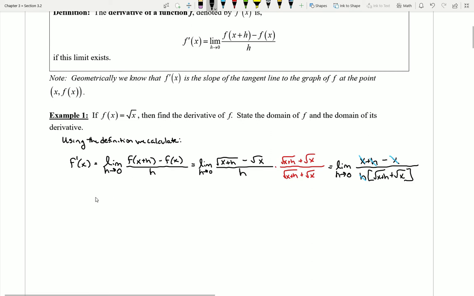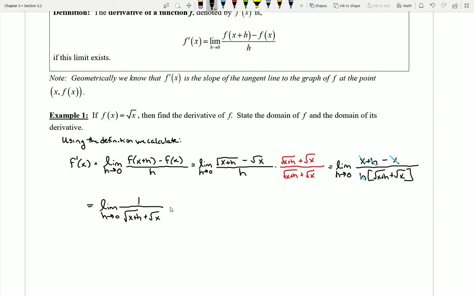And so in total, I'm going to end up with a limit as h approaches 0 of 1 over the square root of x plus h plus the square root of x. Now I can see that I can do a direct substitution, because again I'm working with a nice continuous function here, as long as my denominator doesn't turn into 0 and I don't end up with a negative underneath one of these radicals.